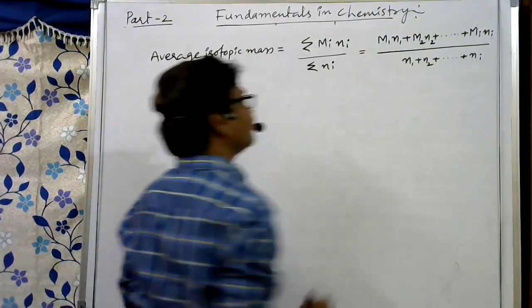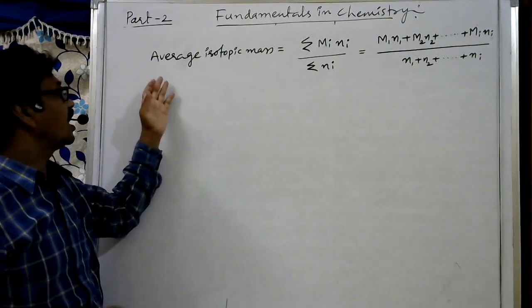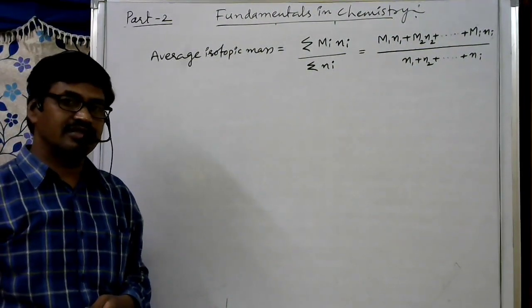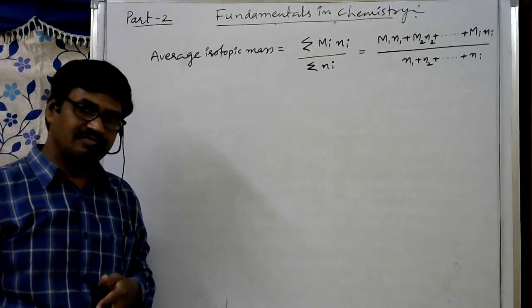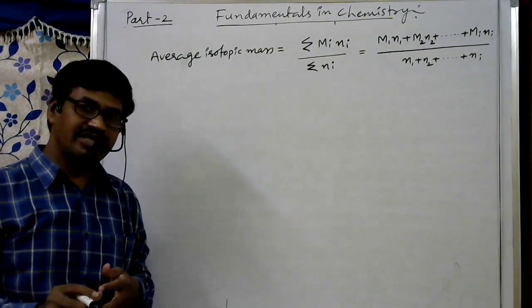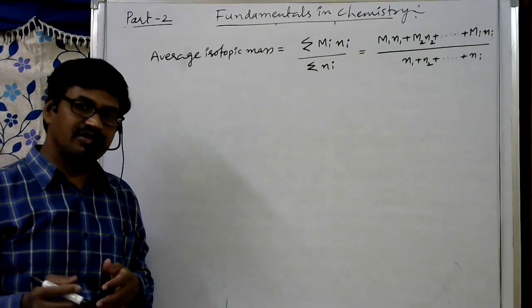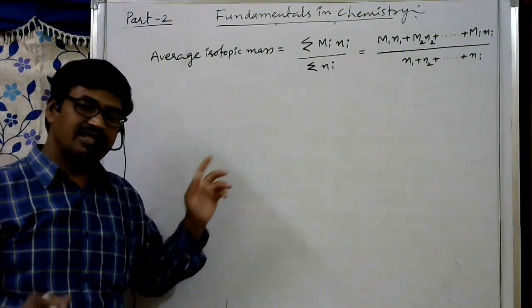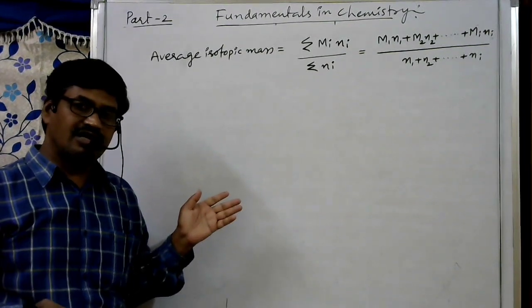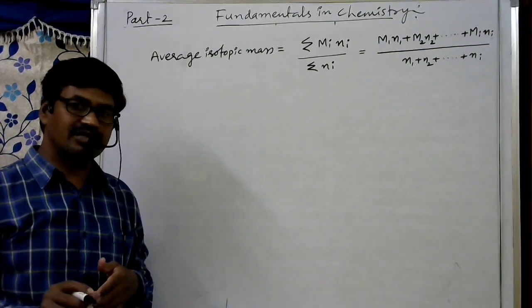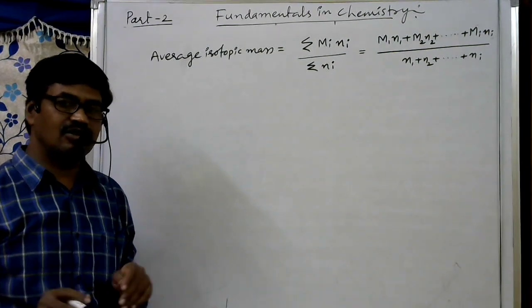This is the formula for getting average isotopic mass. So average isotopic mass may be fractional, because atomic mass or atomic weight are fractional values because of different isotopes present in nature. But mass number is the rounded value of this atomic mass. It is a whole number.